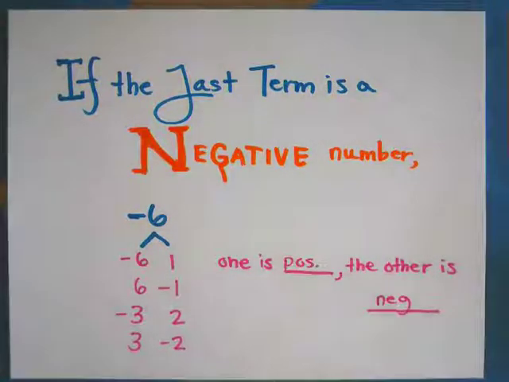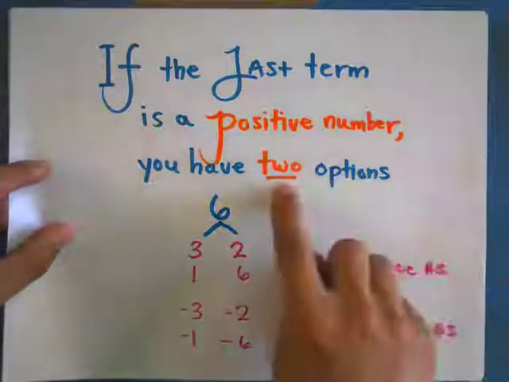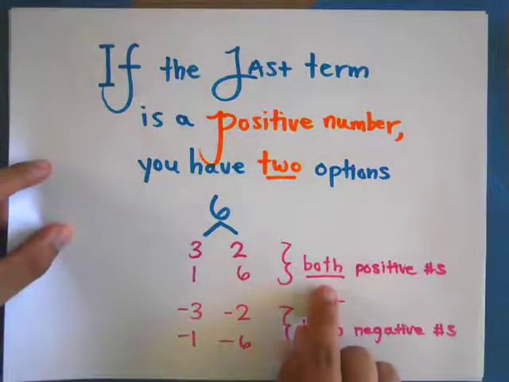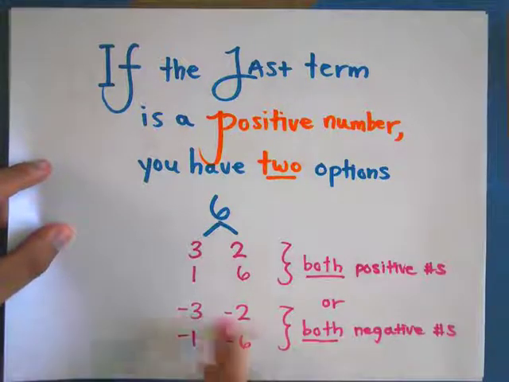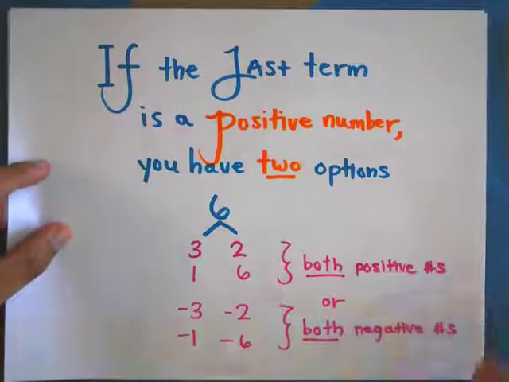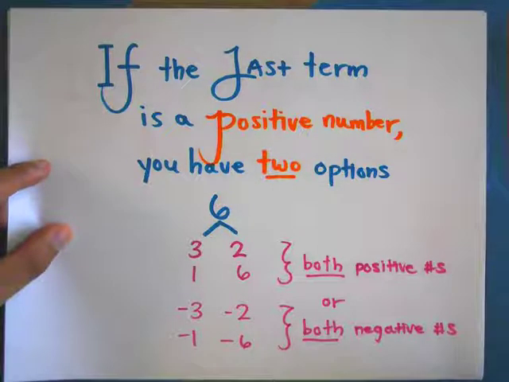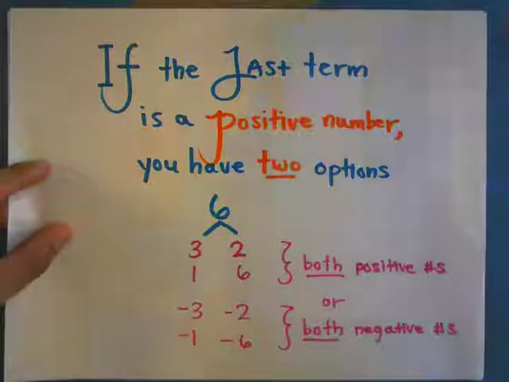As opposed to, I want to give you guys back that other summary again. If your last term is a positive number, you have two options. Either both are going to be positive, or both are going to be negative. So there's a big difference with that, and some of my students still have a little bit of a hard time at the very beginning of this type of lesson, and then you guys will eventually get better over time.